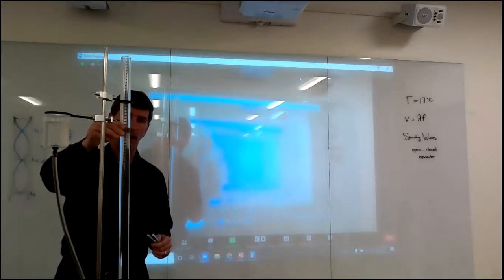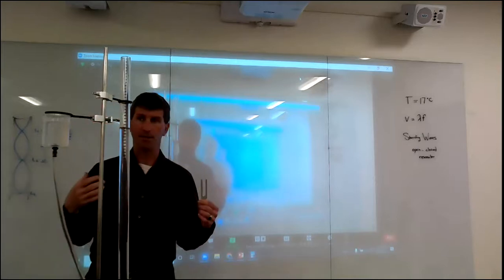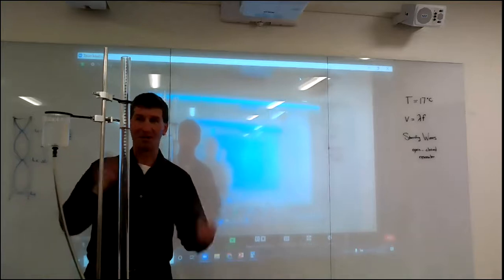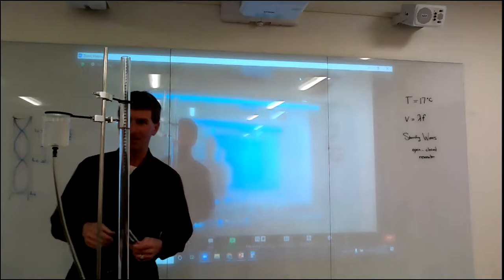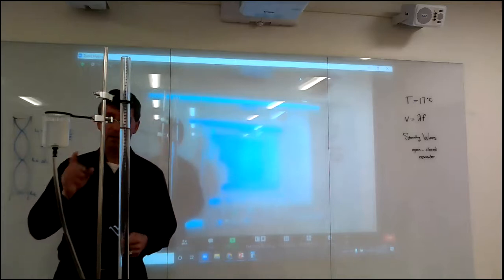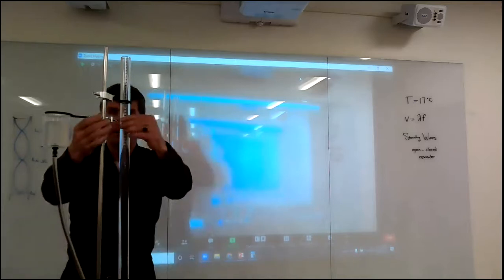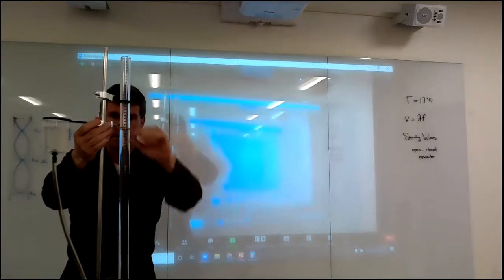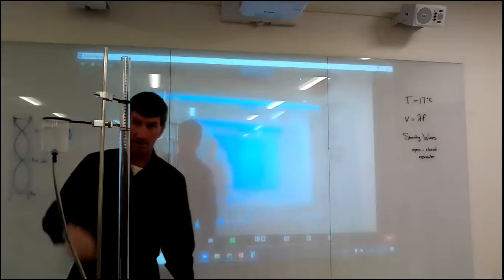I put this little rubber band here to help me because, as I'm doing this experiment and recording this, it's a little hard to operate everything that's going on here. But I want you to notice, I'll lower this down just a little bit. That's going to drop my water level below the resonance.